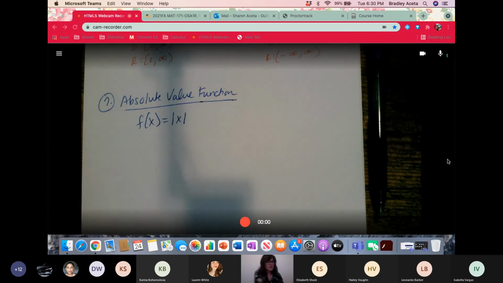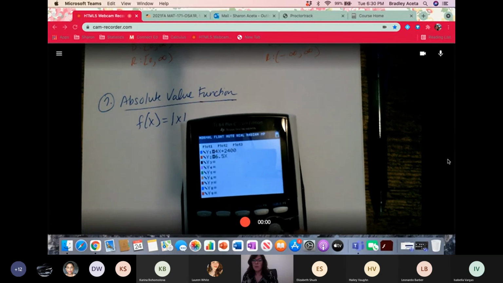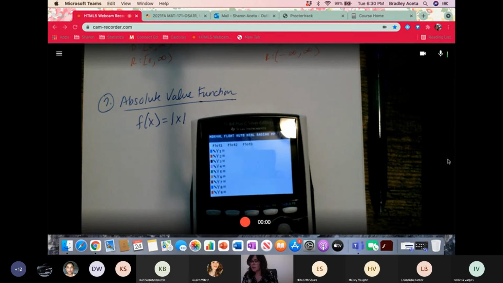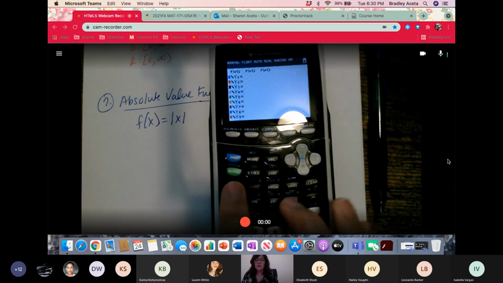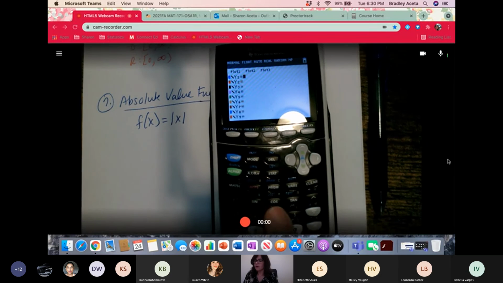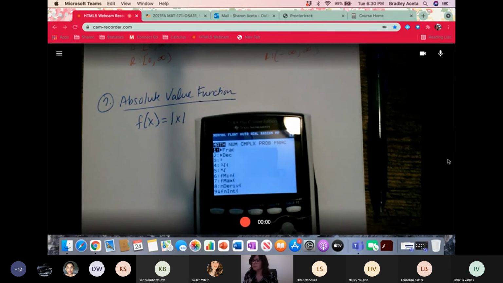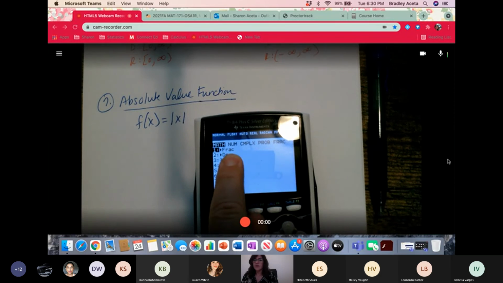Now, if you didn't know, your calculator has the absolute value function on it, just to show you where it's at, and I'll type it for you. So it's located in this word math right here on your calculator. Hit the math button. Go over to where it says num, and that first thing that comes up, abs.